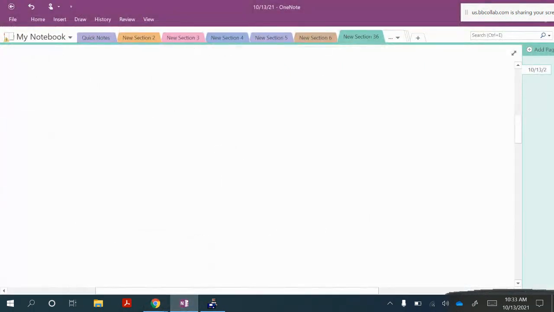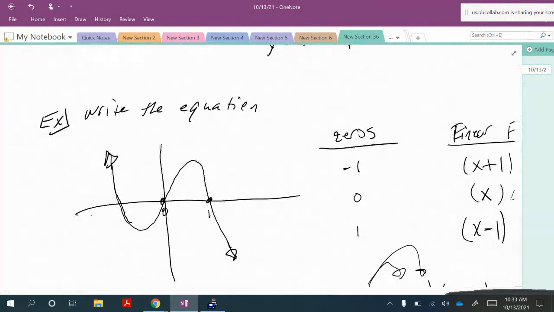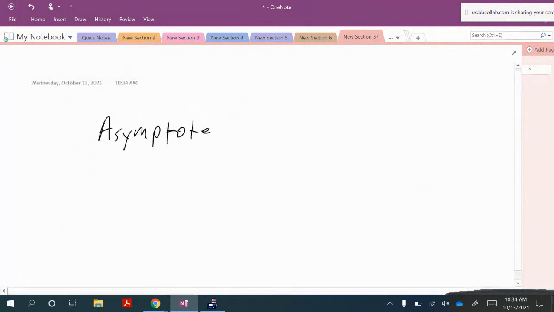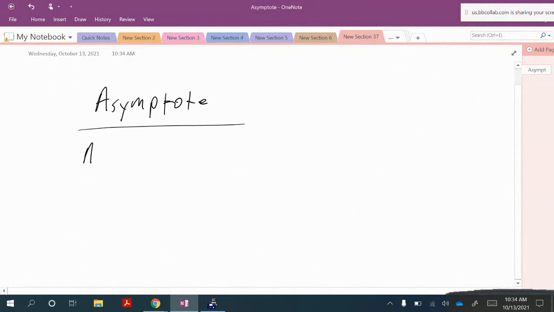All right, but just to set up a general working definition of an asymptote: an asymptote is an imaginary line.